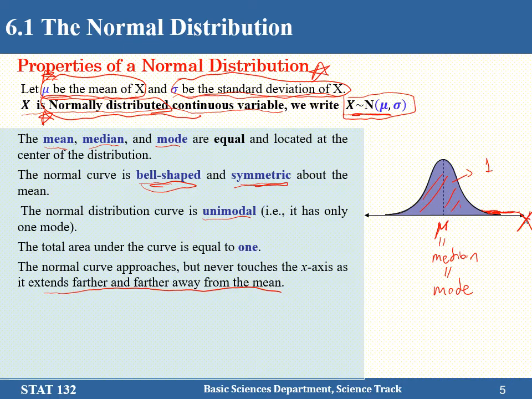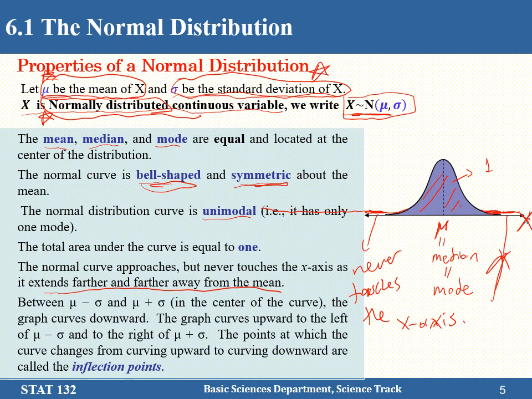The curve does not touch the x-axis, but it gets closer and closer. So you can say it goes to infinity by decreasing. It never touches the x-axis, but it keeps decreasing. And this is the same in this part here.